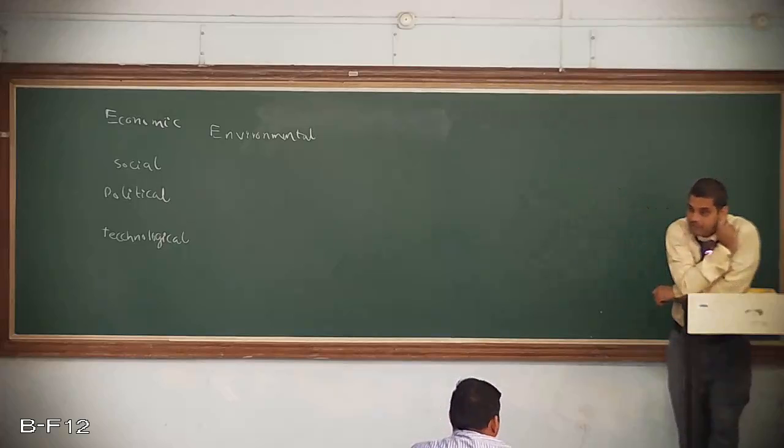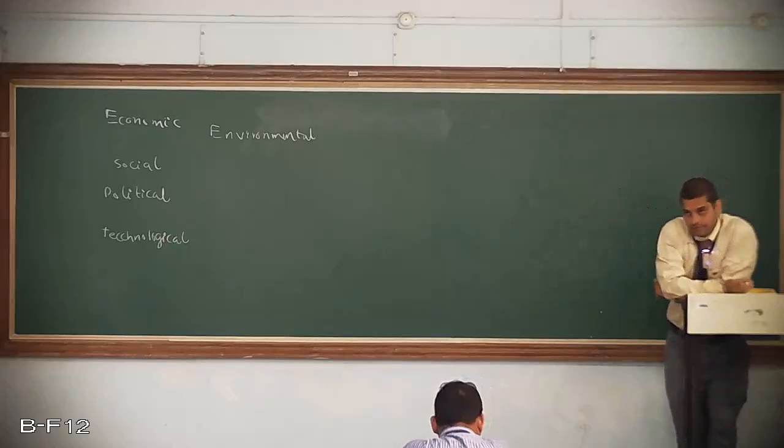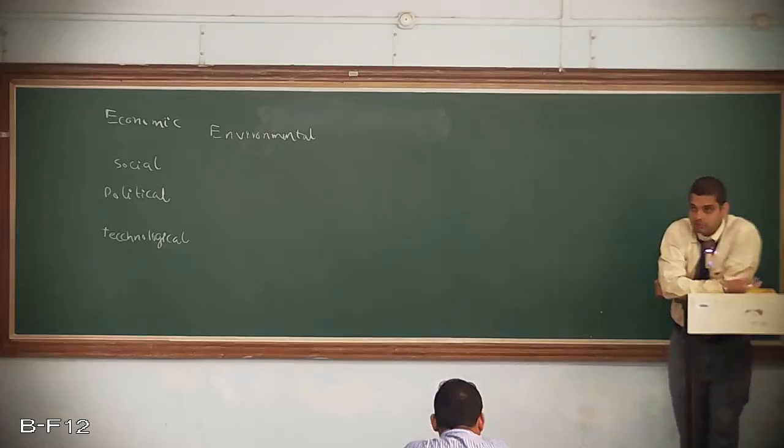Lack of diversification. What do you mean by diversification? Spreading over. You are not in a position to spread out. You are restricted to a certain area. Your products are restricted to a certain area. Maybe if you are a small scale industry, you are selling your products to some XYZ customer and you are satisfied with that, or maybe you're not able to expand to many other customers. You're not able to tap many other regions.